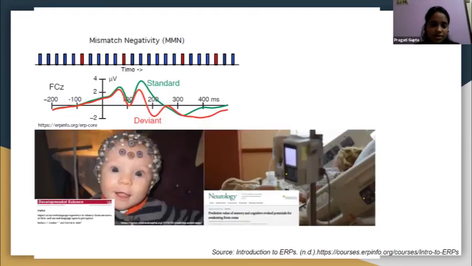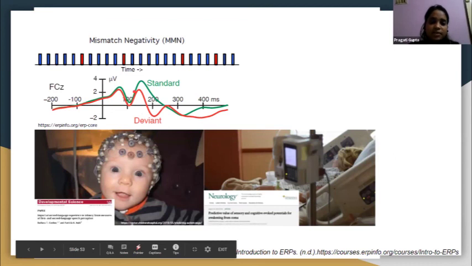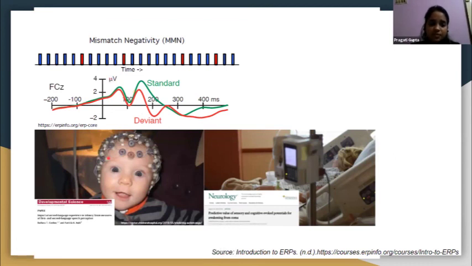Mismatch negativity is a very effective ERP component when we are studying infants, using the auditory brainstem responses. These very fast auditory responses can be captured within infants; it is much faster than the visual system for both adults and infants. So we can study the infant population with the help of these components.